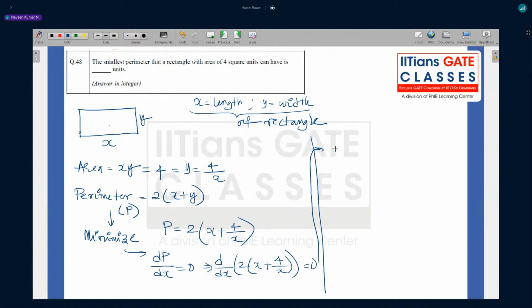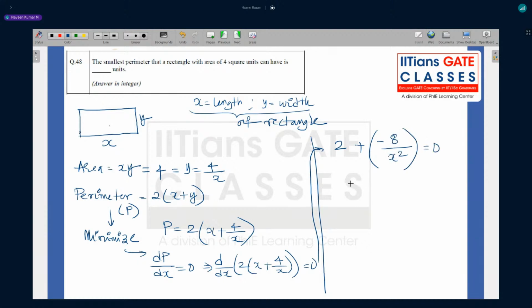Now differentiate. So 2 is outside. 2 into d by dx is 1 plus, so this is minus 2 into 4, that is 8 divided by x square, is equal to 0.